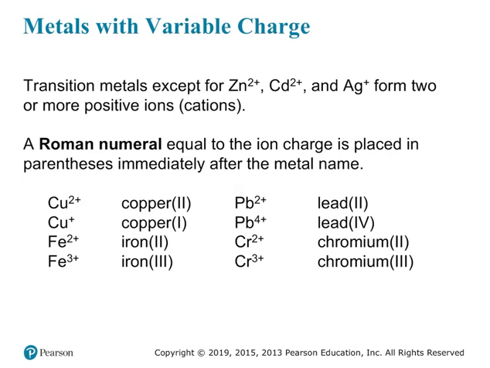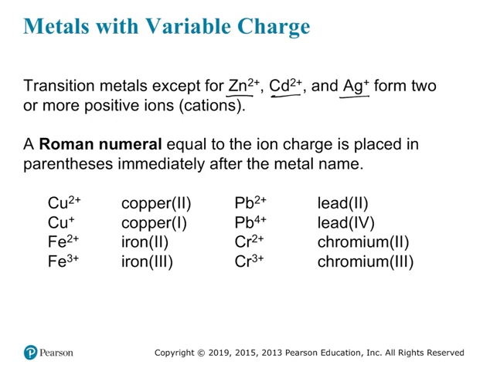However, zinc, cadmium, and silver have only one charge state, we call it. So zinc is always 2 plus in its ionic form. Cadmium always has a 2 plus charge in its ionic form, and silver always has a +1 charge in its ionic form. But most of the other transition metals are going to have multiple charges depending on what they're bonded to.